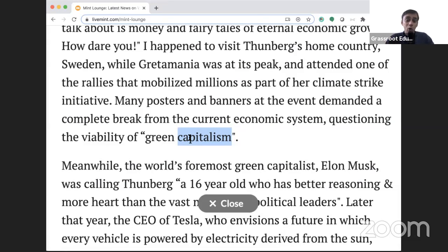So these things will keep going. So these people are questioning the possible viability, means can it actually happen or not? Is it possible or not? Okay, of green capitalism, which means that you cannot have the environment and economic growth through capitalism only together. You can have only one. So they're questioning the possibility of this. Very good.